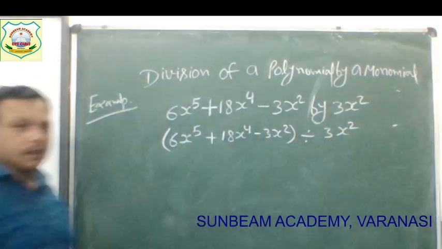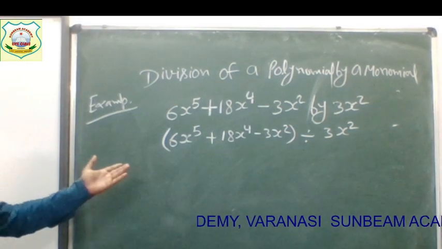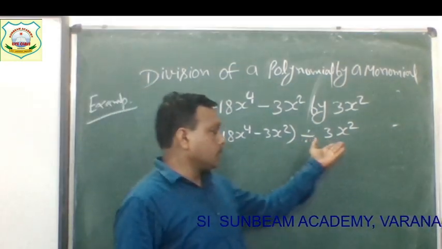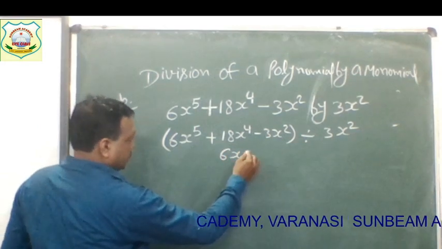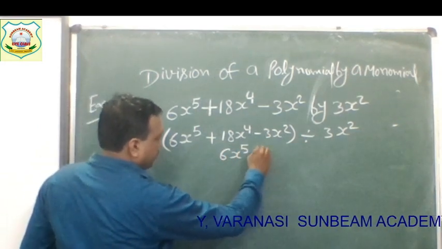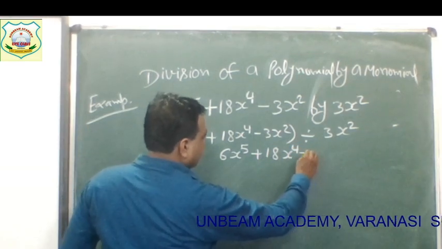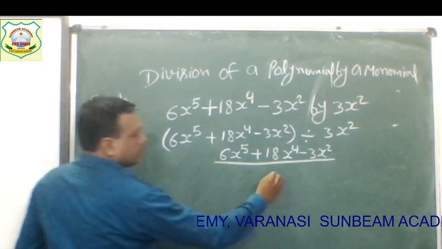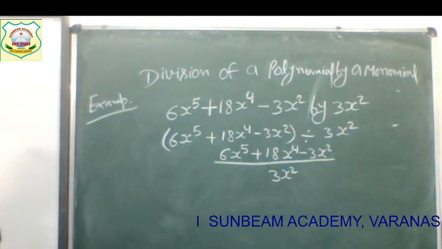We will write it as a fraction, because one is a polynomial and this is a monomial. So we write 6x power 5 plus 18x power 4 minus 3x square upon 3x square. This way we will write, students.